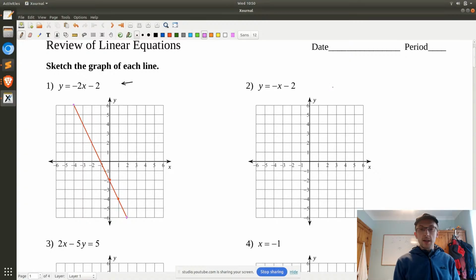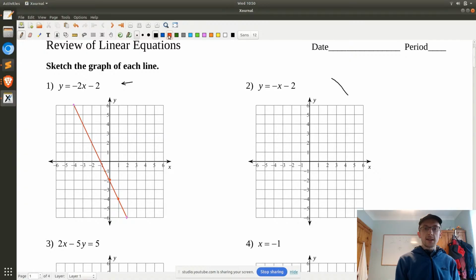The next line is y equals -x take 2. The minus sign in front of the x indicates that it has a negative gradient, so it slopes down. That means from top left down to bottom right. A perfect 45 degrees downwards like that. The -2 means it passes through -2 on the y-axis.